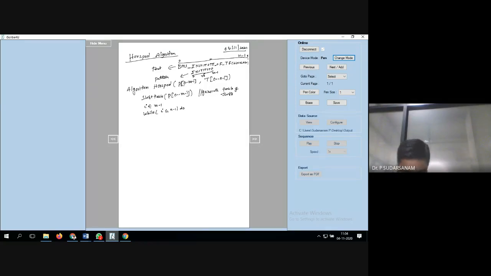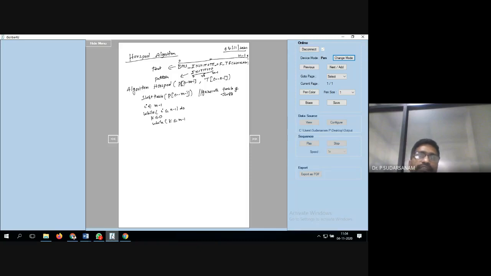Now I'll take one variable called k, initialized to 0. Now, while k is less than or equal to m-1, that means we move 0, 1, 2, 3, 4 up to m-1.